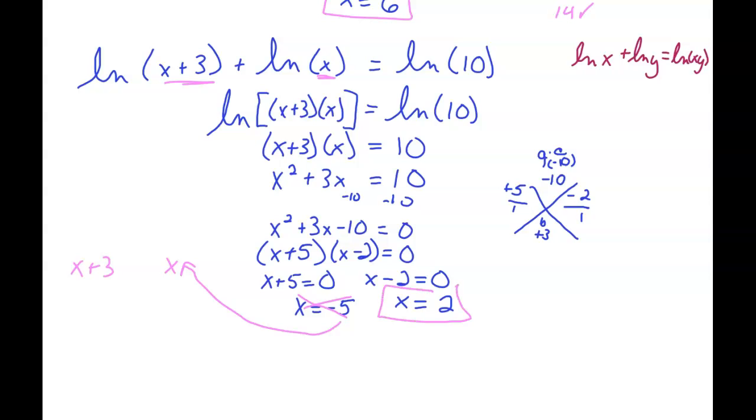So this one is my only solution that works. Sometimes both of our solutions will work. Sometimes one, sometimes none of them. You have to check back to make sure that your arguments are not negative or 0.